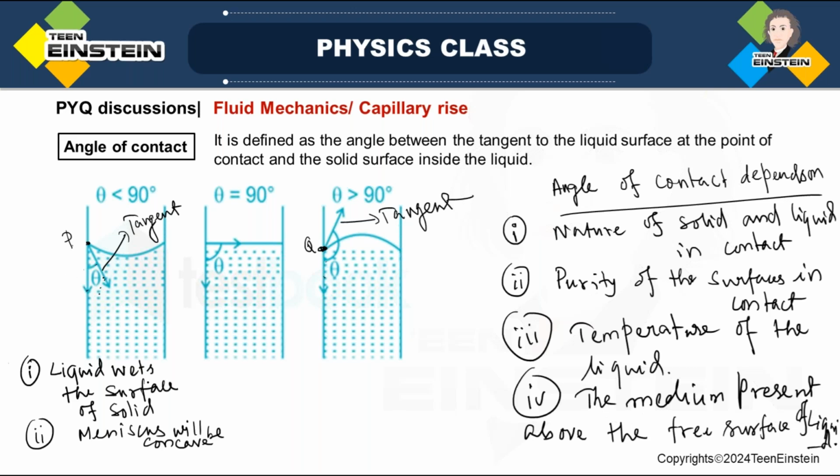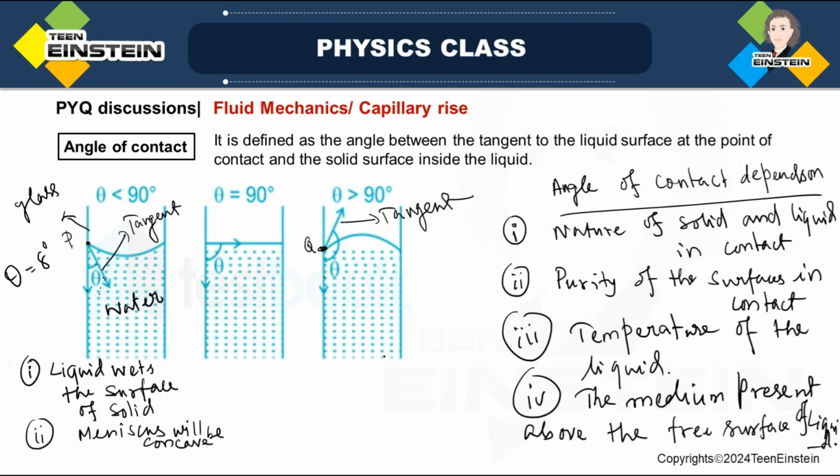So in case of glass and water, if this is water and this solid surface is glass, then this theta is nearly 8 degrees. So the angle of contact is an acute angle, water wets the glass surface, and the meniscus is a concave one.